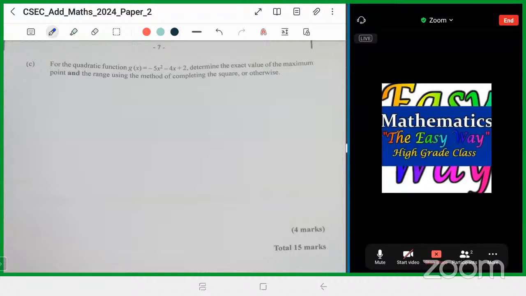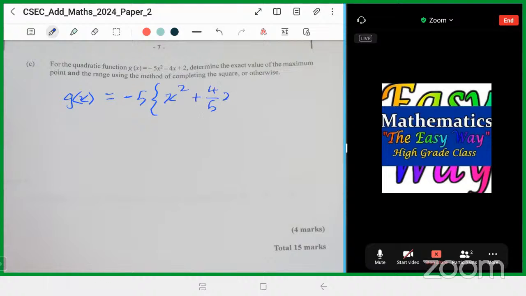All right, so I'm going to complete the square. I'm going to factorize these two terms first with a -5. And careful, you factorize a negative, that becomes a positive. So g of x, when I factorize it, I'm going to factorize a -5 into x squared, and factorize a negative with a negative, I get a positive 4/5 times x.